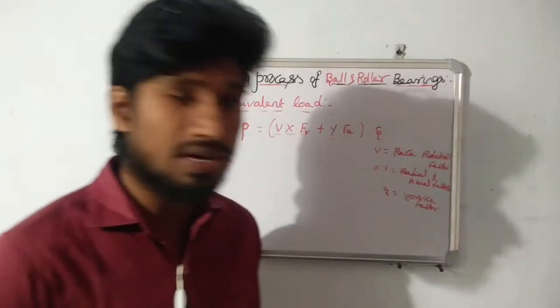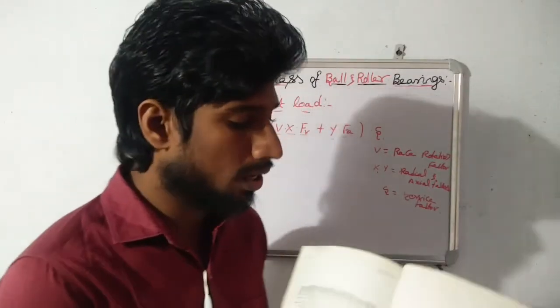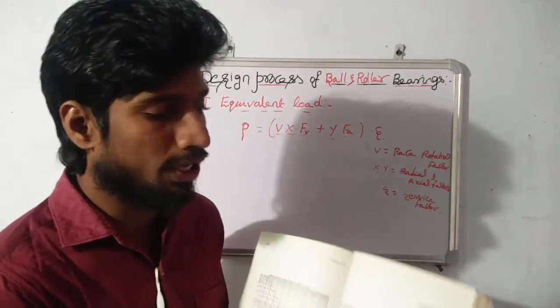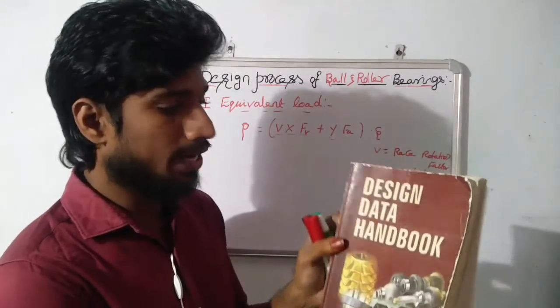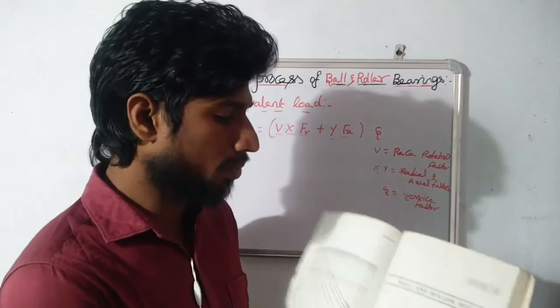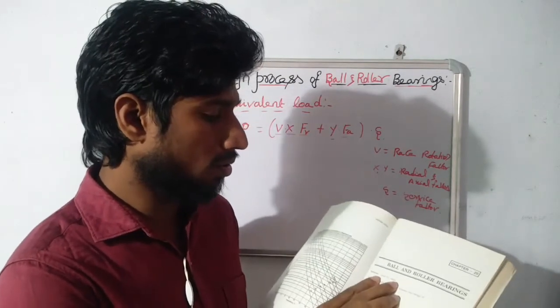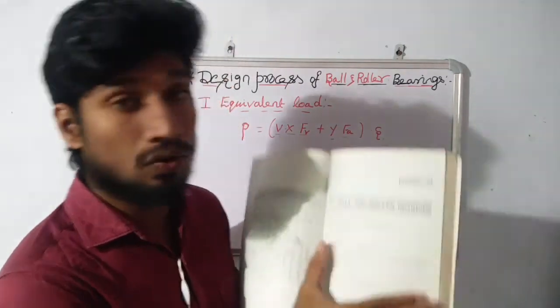First of all, I am introducing chapter number 20 in the old edition of the MD Jalaluddin Design Data Handbook. Chapter number 20 covers ball and roller bearings.